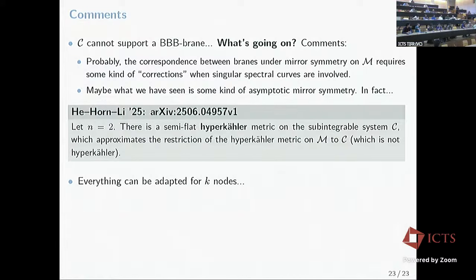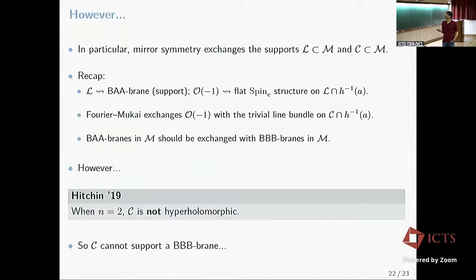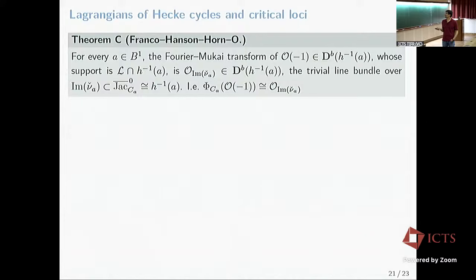I had a question. Is there an explicit example where one can see everything in action? A very simple but explicit example of your computations? Yes, I can't give it to you now, but we have a baby case for this Fourier-Mukai thing in a case where we get an elliptic curve with one node.